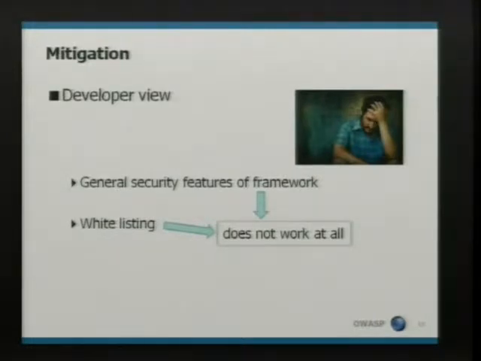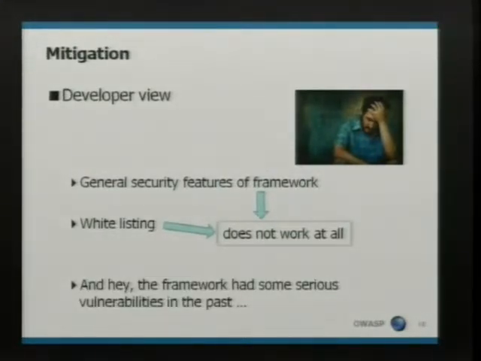So in the next point, what mostly the developers do is start to count which security vulnerabilities the framework had in the past. If we are thinking about the .NET framework, there were some really nice exploits around.